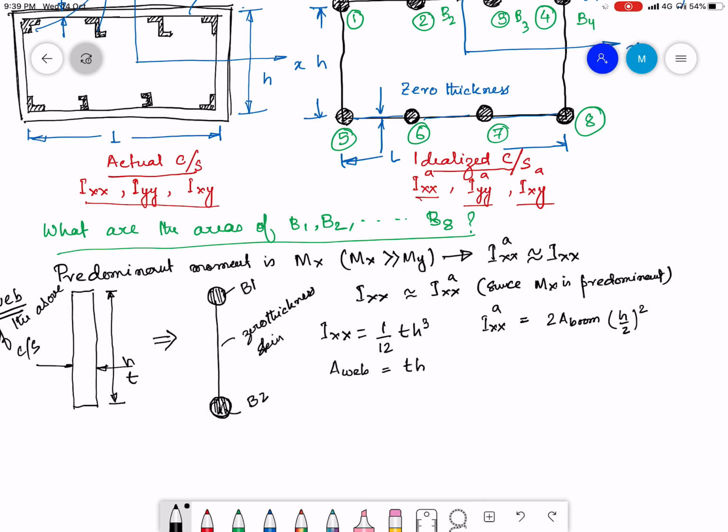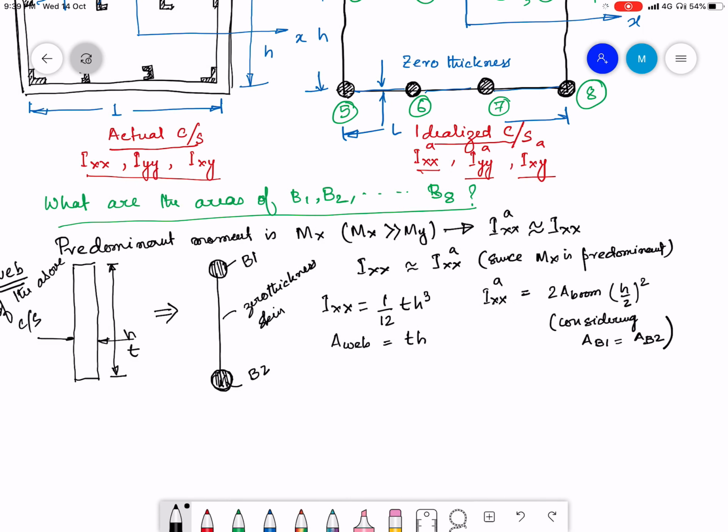That is by considering the area of boom 1 equal to the area of boom 2, because the cross section is symmetric. Now I have to equate these two.